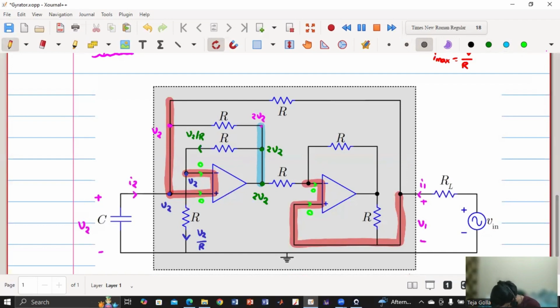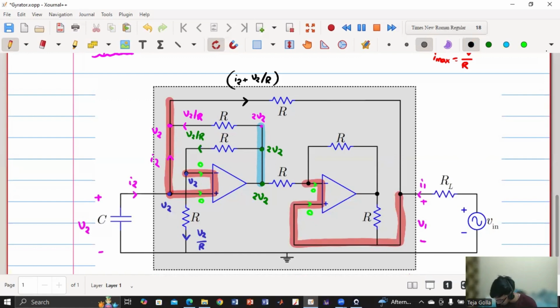So the current will be V2 by R. So in this terminal, the current is I2 because there is no other path for I2 to flow, because the current entering the op-amp is 0. So now we can see the current flowing through the R resistor is I2 plus V2 by R. So this is the current that is flowing through this resistor. Okay, that gives us the current value in that resistor.